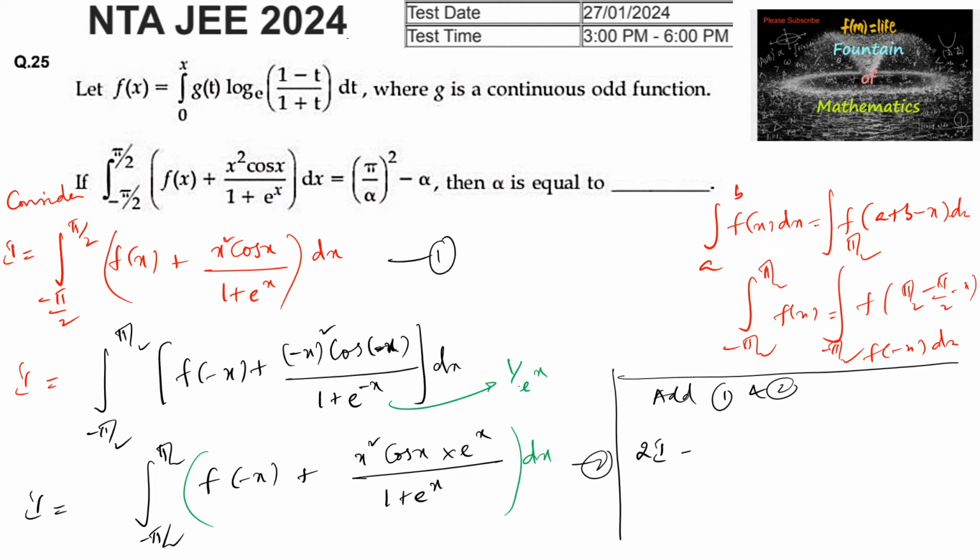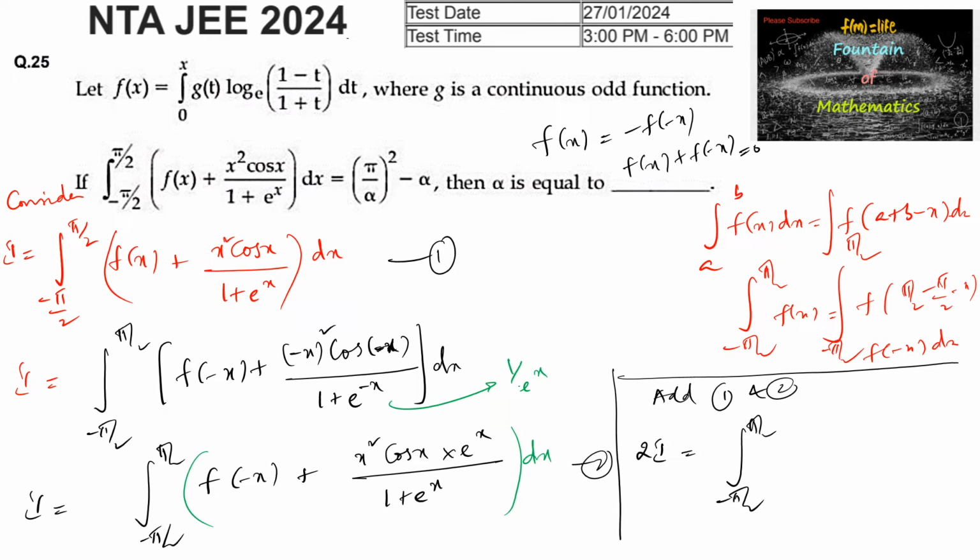we get 2I is equal to the integral from minus pi by 2 to plus pi by 2. Here, since f is an odd function, f of x is equal to minus f of minus x, that is f of x plus f of negative x is equal to 0, as we proved.